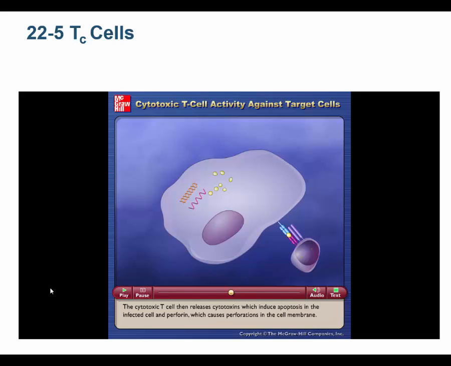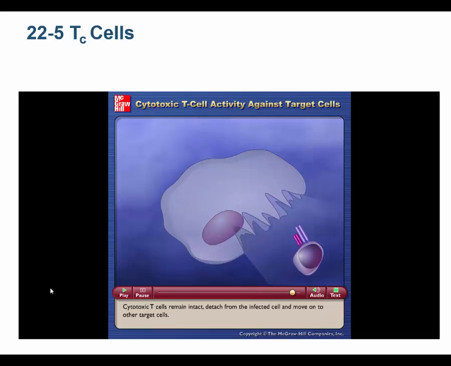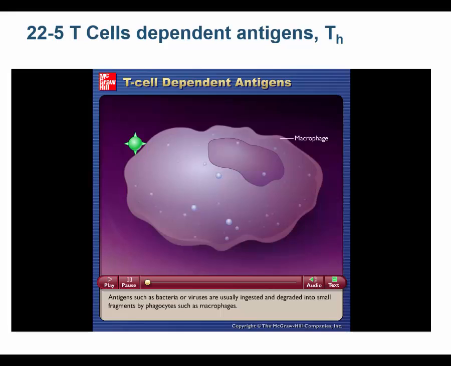The cytotoxic T cell then releases cytotoxins which induce apoptosis in the infected cell and perforin which causes perforations in the cell membrane. Self-proteins are also degraded and the fragments presented on the surface via class 1 MHCs. This is not shown. Fragments of self-proteins are not recognized by cytotoxic T cells. Cytotoxic T cells remain intact, detach from the infected cell, and move on to other target cells. Okay, then that's MHC class 1 and cytotoxic T cells.